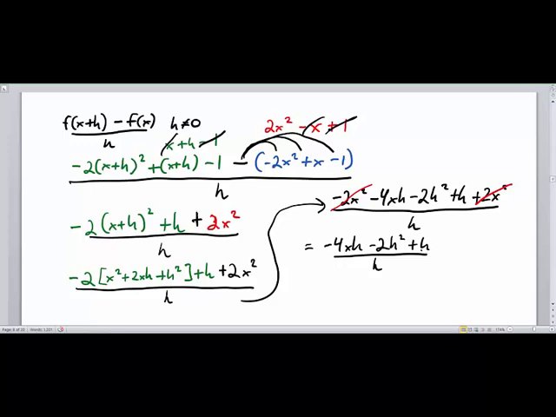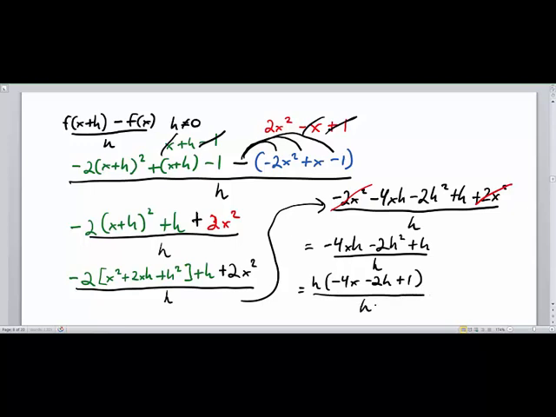This trinomial in the numerator each has an h in it, so I'm going to factor out an h. Which means that my first term now is just negative 4x. My next term is now negative 2h, and my last term is plus 1, because if I factor out an h, h divided by h is 1.